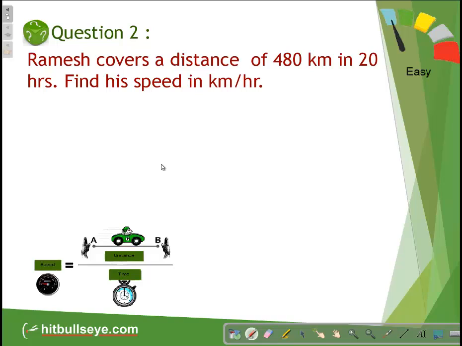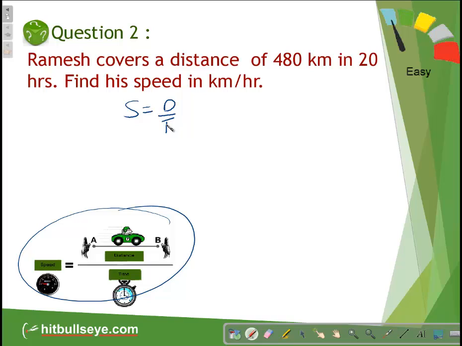Question number 2. Ramesh covers a distance of 480 km in 20 hours. Find his speed in kilometer per hour. As we are already aware, speed is equal to distance by time. And what is distance here, students? It is 480.